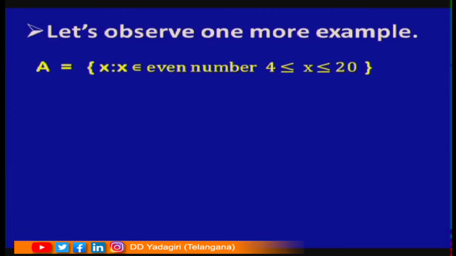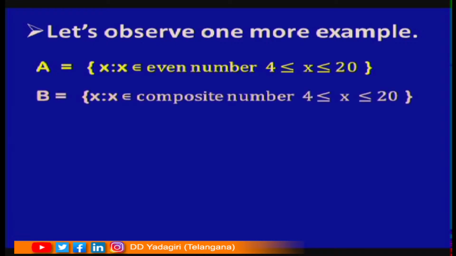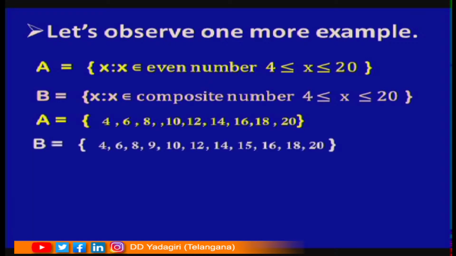You observe one more example to understand this. Again, A is the set of X such that X is an even number, the same as the previous example. B is the composite numbers, which we discussed for the union. Now, let us write the sets in roster form.